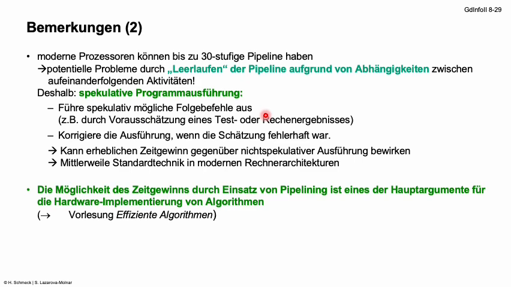So they guess what could be the next instruction, and with this they also have a speculative result, and then afterwards it is corrected if this estimation was wrong. So they are kind of one step ahead, so to say. With this, time can be saved, and as I already noted, it has become a standard technology in modern computer architectures.